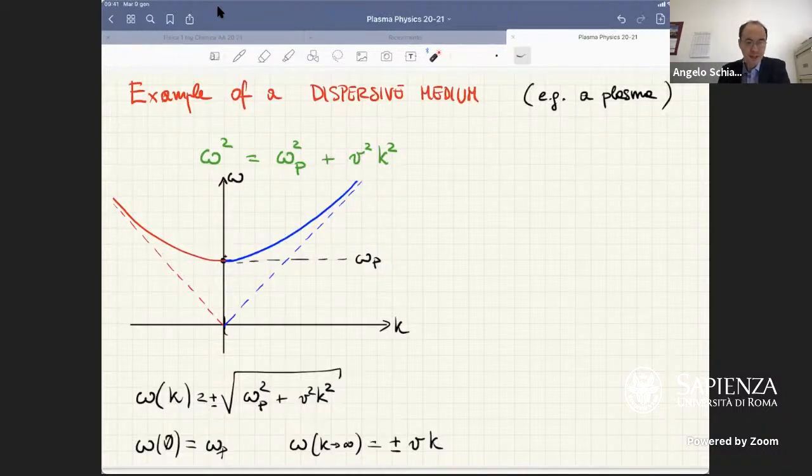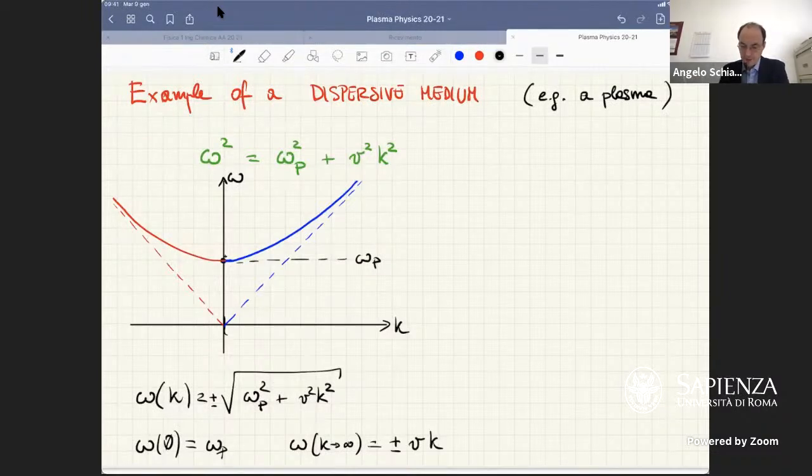Let's compute the phase velocity and the group velocity explicitly. But before that, let me set the timer again, so as not to overshoot. We'll have a break at 10.